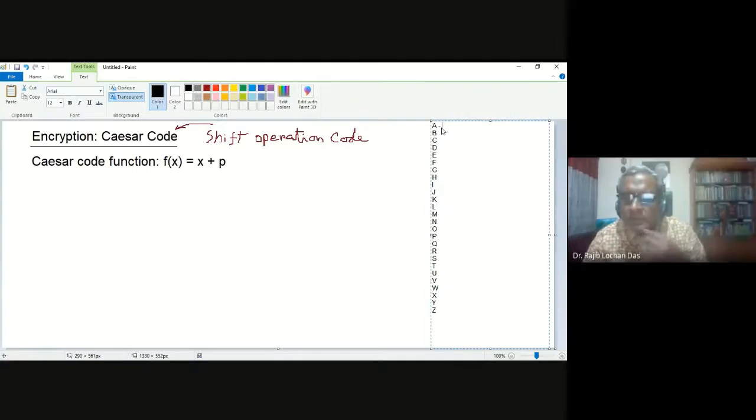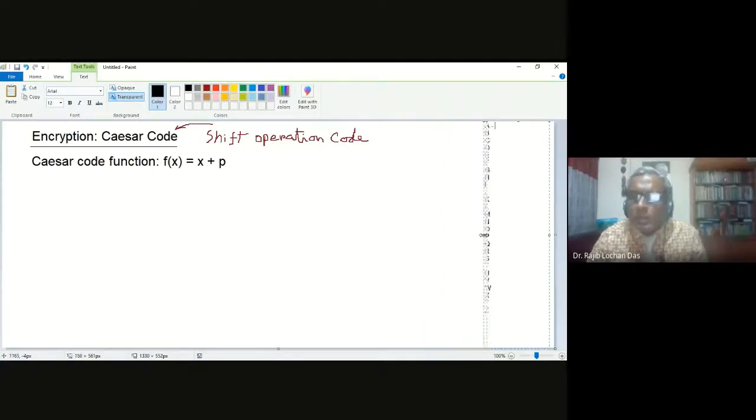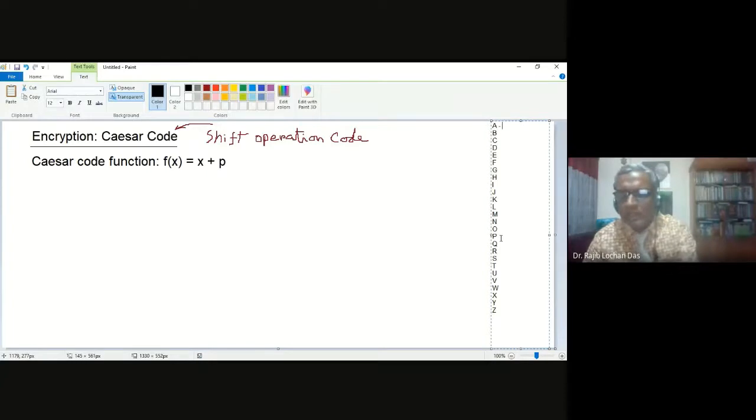So these are the letters A, B, C, D, E, F, G, H, and we start with the first letter as 0, the second letter as 1, third letter is 2, fourth letter is 3, and like that. So what will be the last one? 25, isn't it?